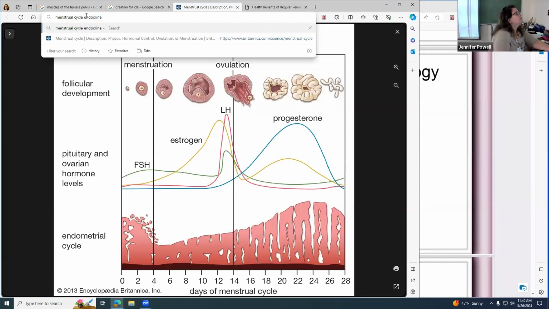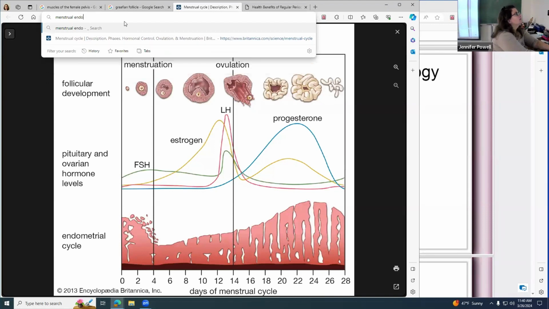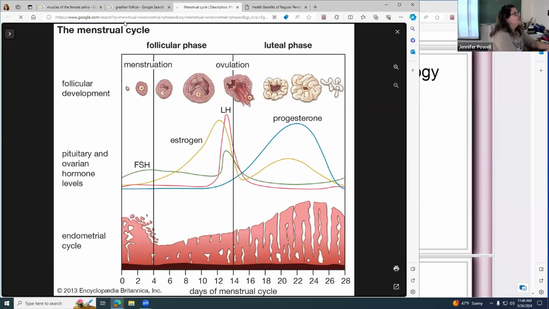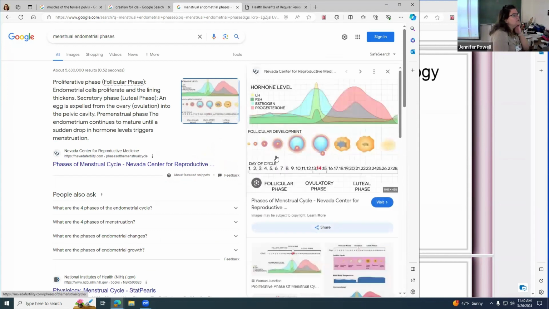So let's remember what those phases are called. Just remember, follicular, ovulatory, and luteal are phases.